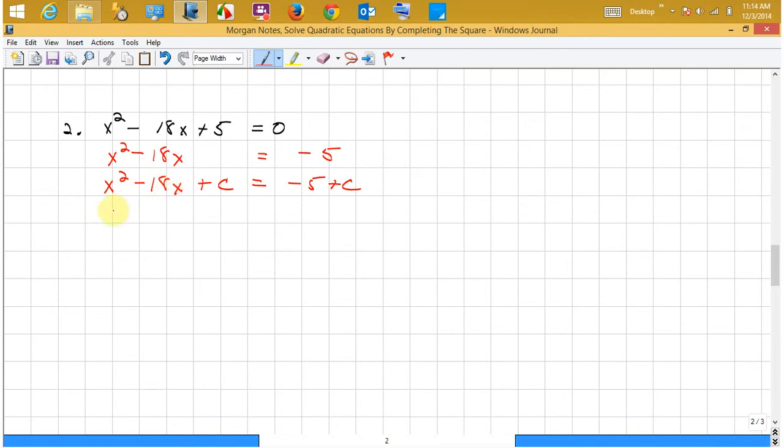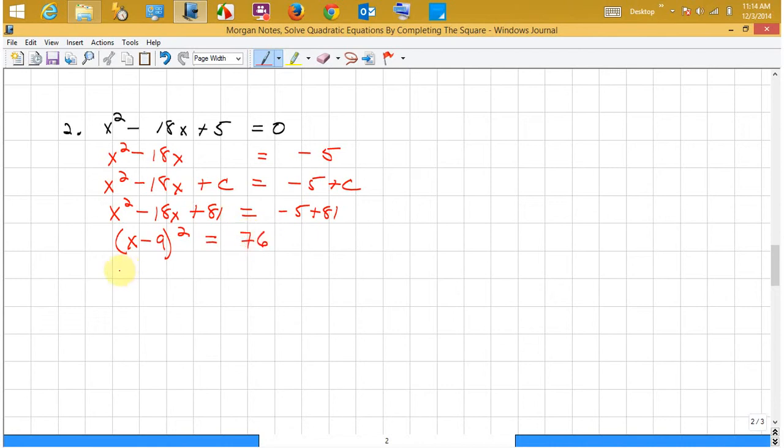Squaring that would be 81. Okay, so now writing the left-hand side as a perfect square. So that would be x, and half of 18 is 9. And on the other side, I'm going to have 76.